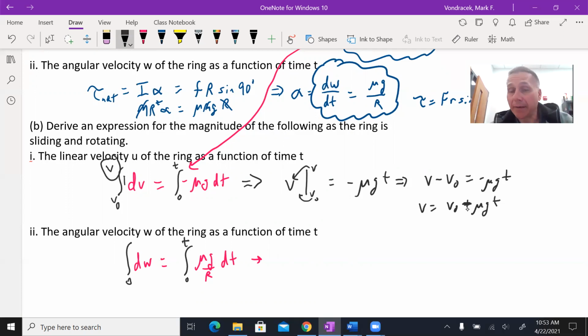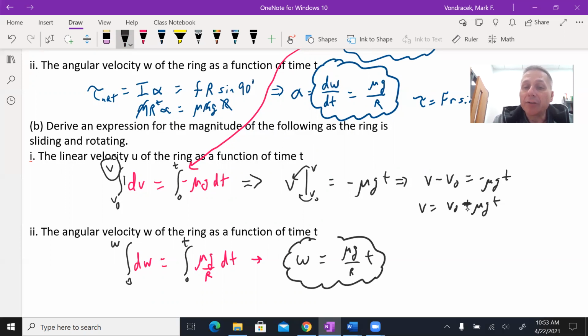It was just sliding initially before it got to the friction part. So it's a different bound. It's not quite the same. It's decoupled from that linear velocity at the start. And then we're trying to find out whatever that final angular velocity is. And so if we go ahead and integrate, I'm just going to write down the answer. There's really not much in the way of steps here. And that would be our angular velocity as a function of time.